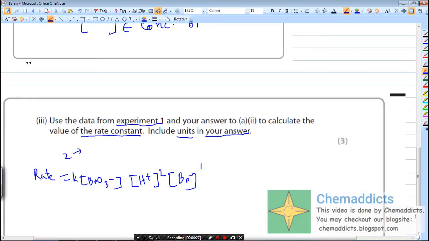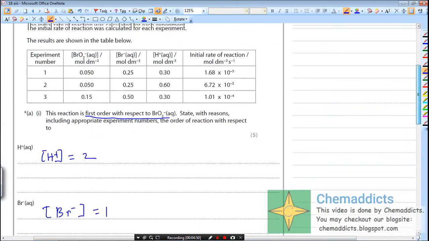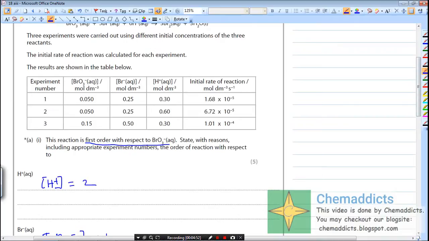Most students might get into the trap of this small thing. So we're going to use the data of experiment 1.